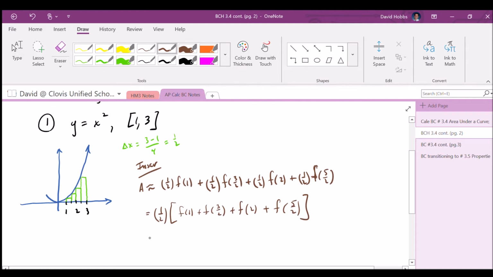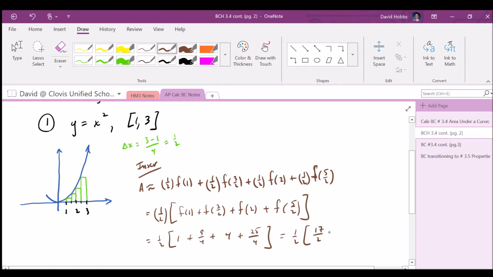So we really have 1/2 times, f of 1, that's 1. f of 3/2 is 9/4, f of 2 is 4, and f of 5/2 is 25/4. So I got 9/4 and 25/4, which is 34/4, otherwise known as 17/2.